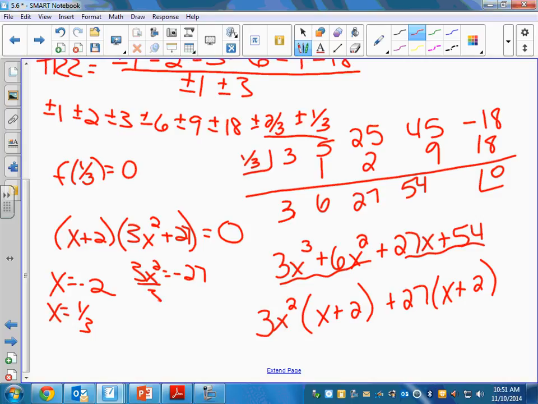You can divide by 3 and get x squared equals negative 9. So what happens when you take the square root of negative 9? X equals plus or minus 3i. Your calculator will say error, except for probably Jake's cheating Casio. It probably says 3i.